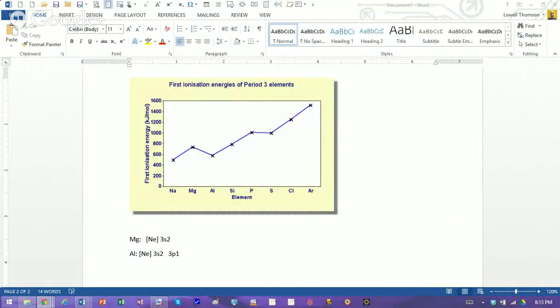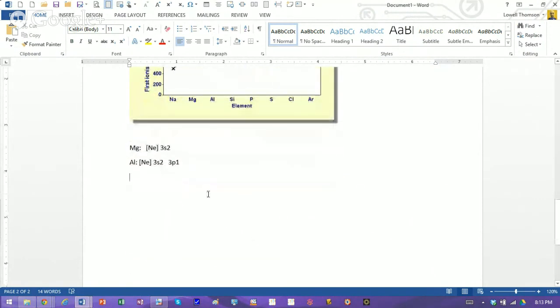Okay, so Rid, your question was about aluminum, and I kind of talked about silicon also. Look at sulfur, Rid. If you think about the electrons, sulfur is going to have 3p4. That fourth 3p electron is going to be paired in an orbital, so it's actually going to be easier to remove because of a little bit of repulsion between those electrons.